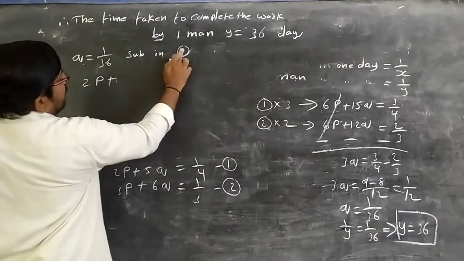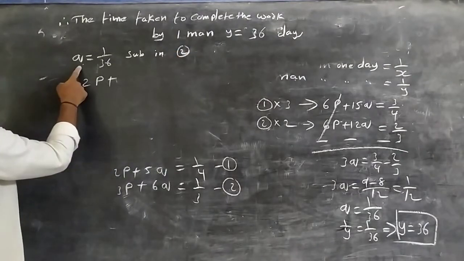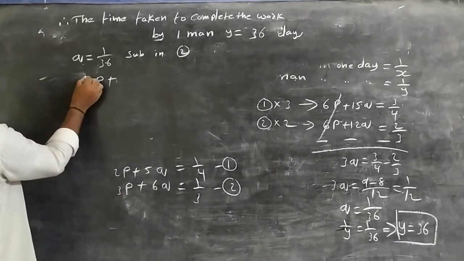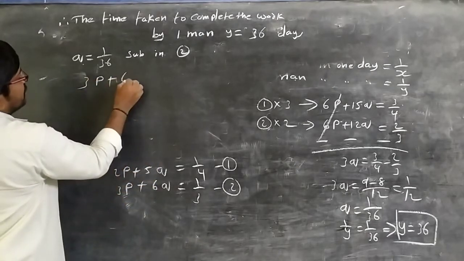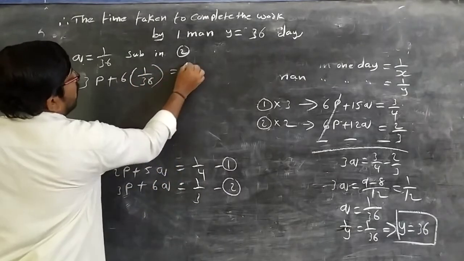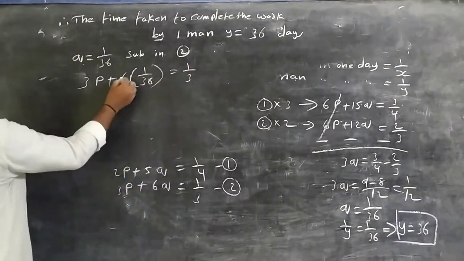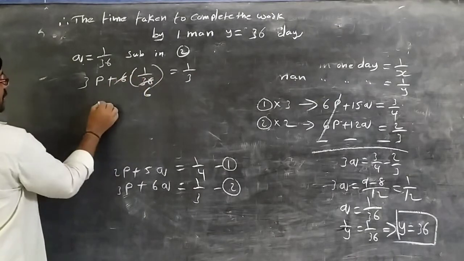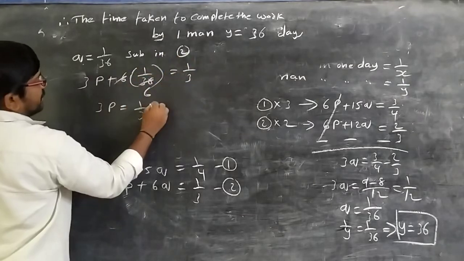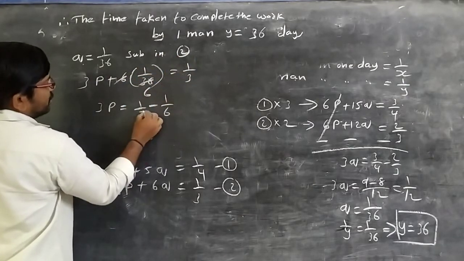It is better to use equation 2: 3p plus 6q, with 6 into q, which is 1 by 36, is equal to 1 by 3. 6 ones are 6, 6 6s are 36.